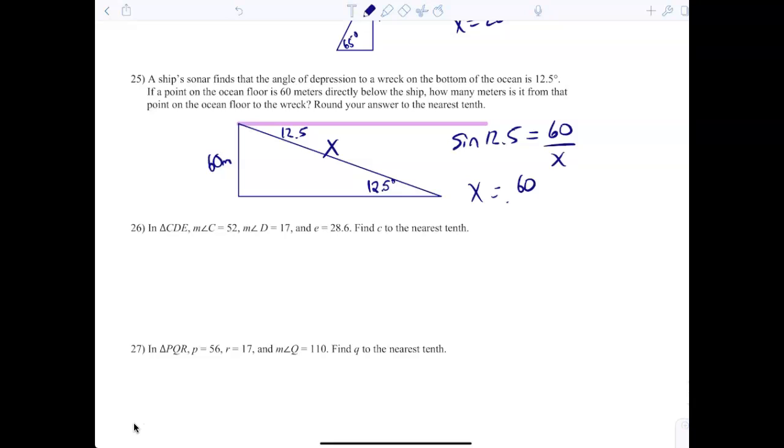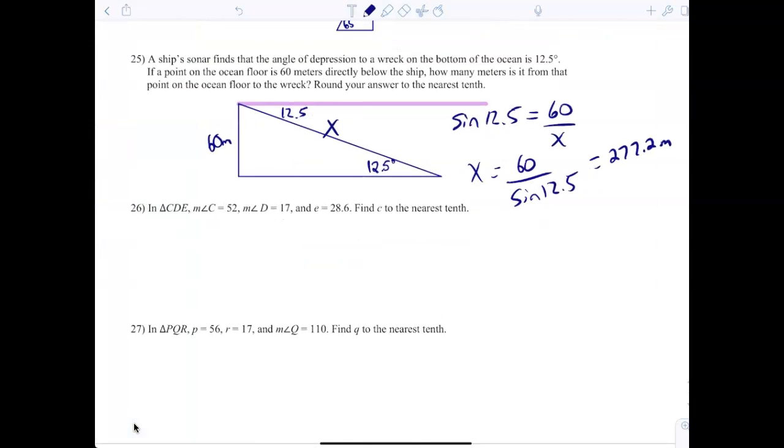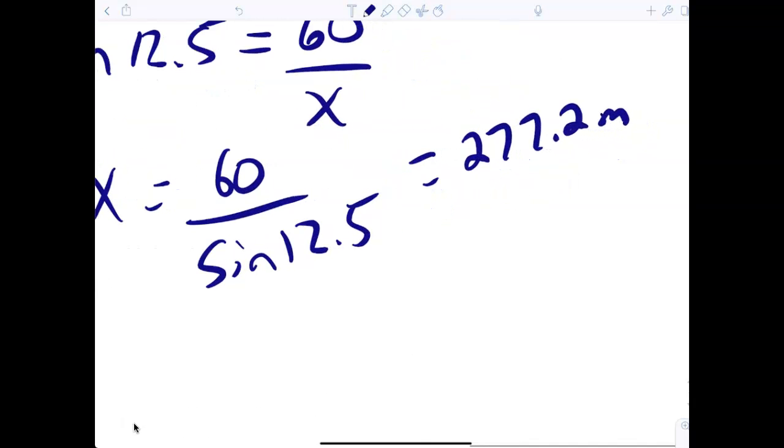X equals 60 divided by the sine of 12.5. And what's that? 277.2 meters, right? Everybody happy? Let me check the answer key: 270.6. All right, well, I didn't write that.